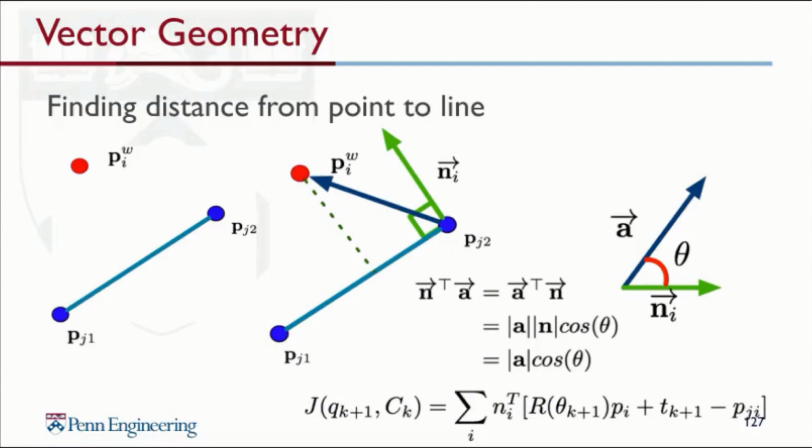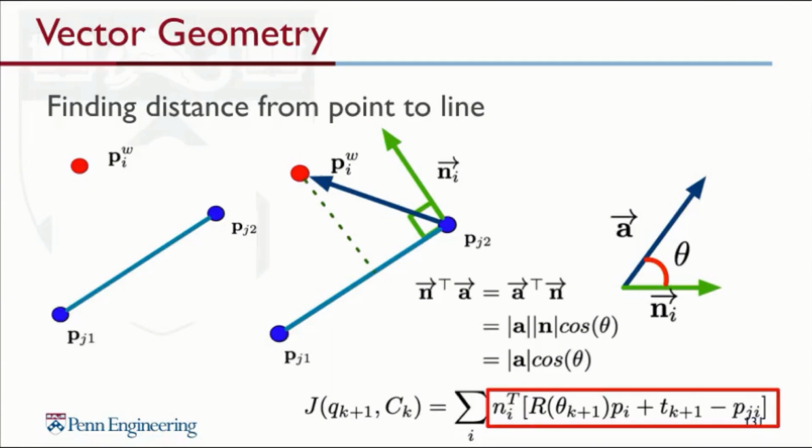Recalling the point-to-line metric objective, for the ith point, this is the translated point p_i^W. This expression here is the same as our vector a, representing the vector between one point of the line segment and our transformed point. n_i is the normal vector for the line segment.